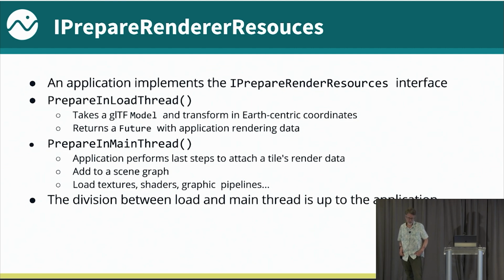Cesium Native doesn't really care. It'll eventually pass it back to your application. We'll see, again, there's this prepare in load thread, prepare in main thread split, and it's really up to the application what needs to be done in those two places, whether you can do almost everything in a load thread or whether there's some critical task that can only be done in the main thread. Well, that's where you do it.